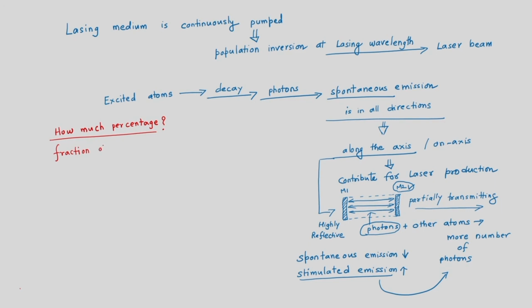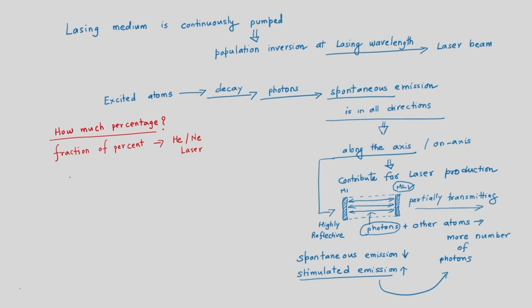So, a fraction of a percent will get transmitted, and the example is the HeNe laser, helium neon laser. So, only a fraction of a percentage of the on axis photons which are getting generated will get transmitted out.